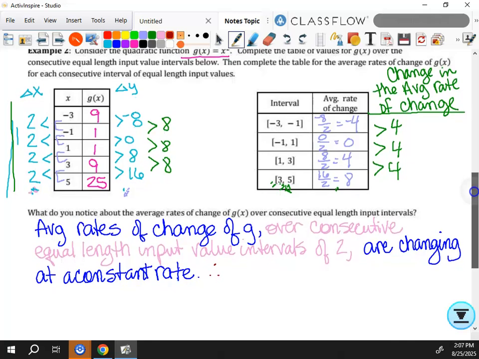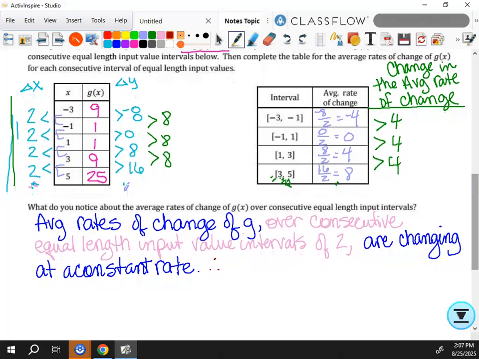Here's what I want you to notice. If this was linear, right? If it was linear, then this column right here would be constant. Does that make sense? Because when your rates of change are constant, that makes it linear. My change in the average rate of change is what is constant. Therefore, the rate of change of the quadratic is a linear function. The quadratic is a quadratic, but its rate of change is linear.